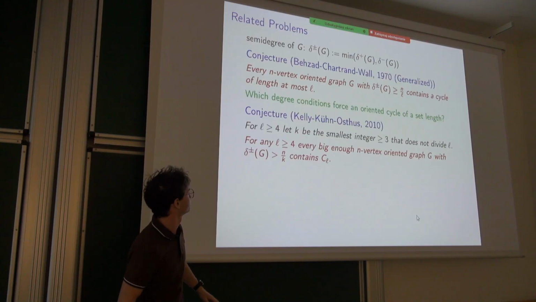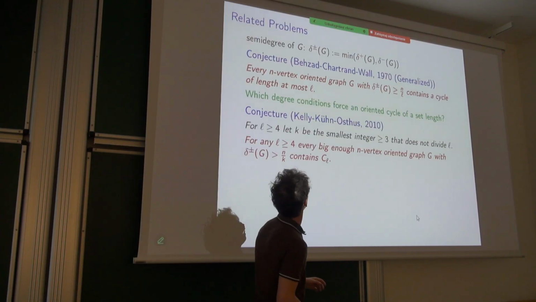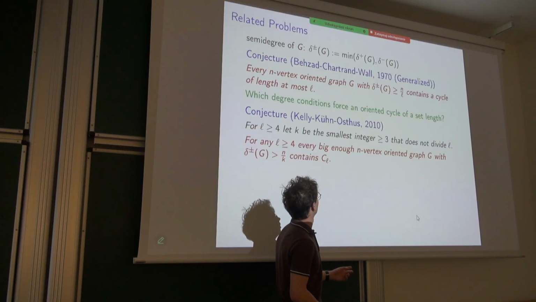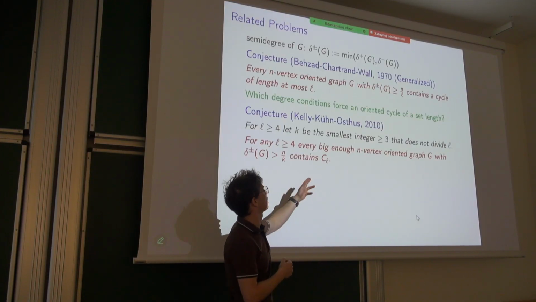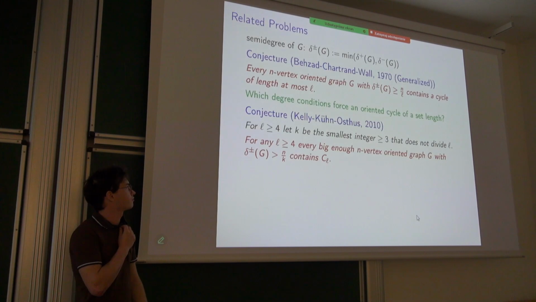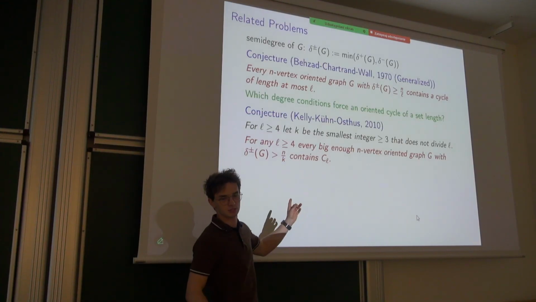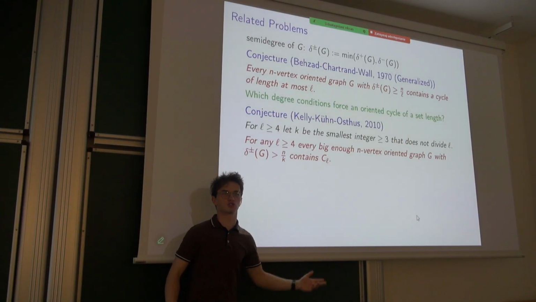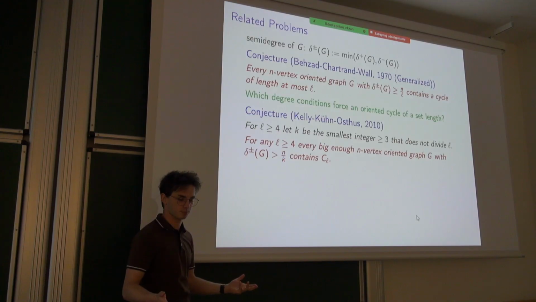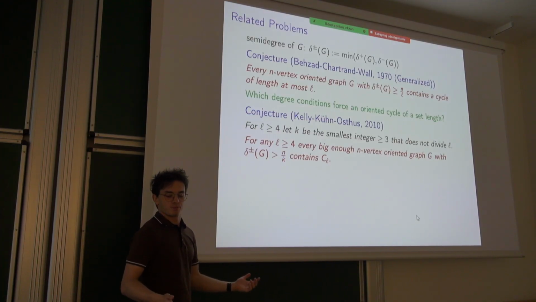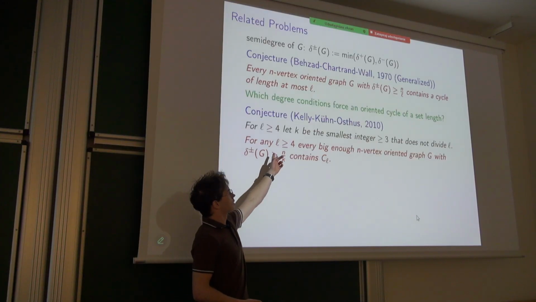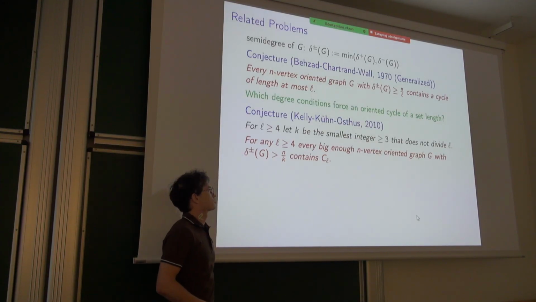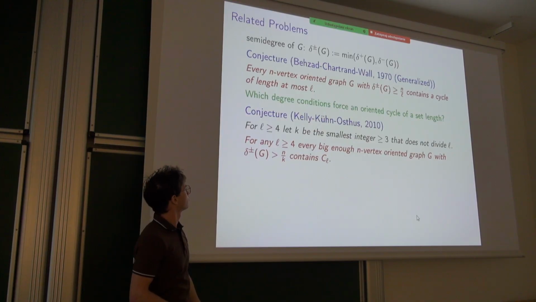They conjectured basically that for any L greater or equal to 4, every big enough n-vertex oriented graph with an outdegree greater or equal to n by k contains CL, with the extremal construction being just a blow-up of CK. You may notice here that L must be greater or equal to 4 because otherwise we would.